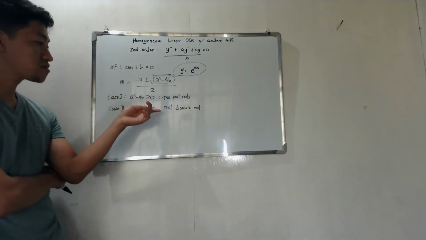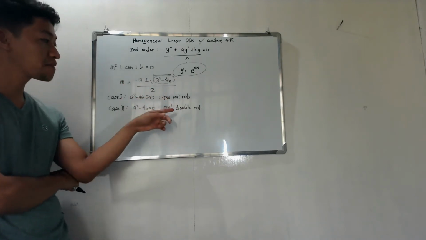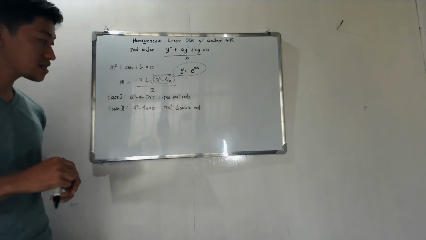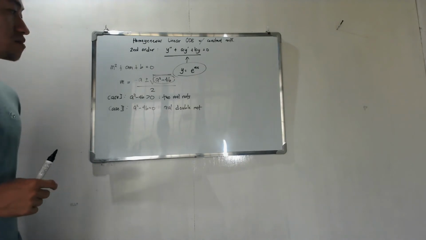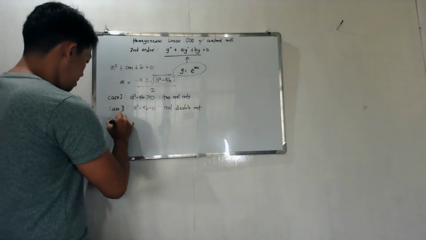What does that mean? You'll get a real number and it is repeated, meaning you get the same number twice. It is repeated.